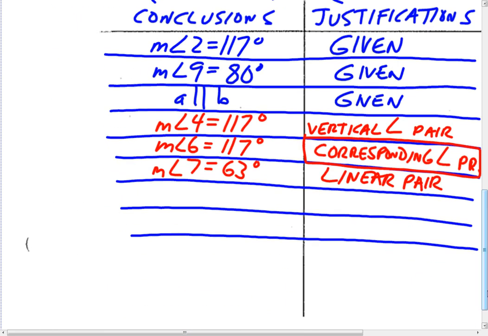What was that? Angle 10. Measure angle 10 equals 37.